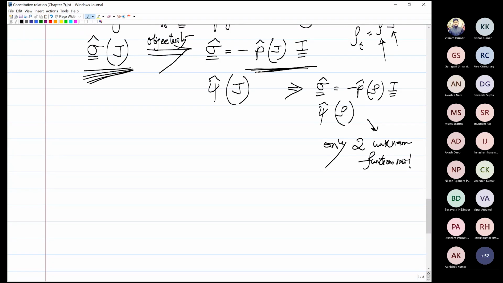Now let us see what extra restriction we are going to get, because we haven't yet employed the entropy inequality. So, restriction due to entropy inequality. Let us see what we get from here.